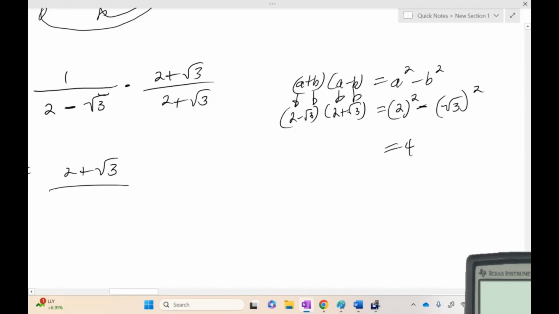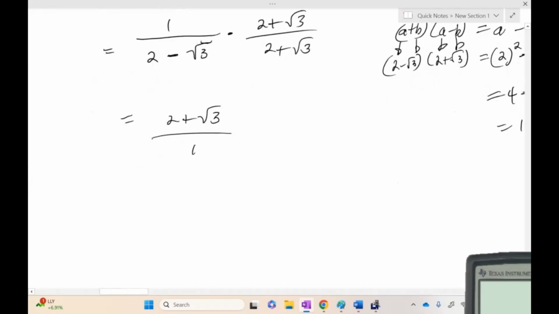So 2 squared is 4. I'm going to bring down my minus. The square root and the square cancel. We get 3. So therefore, we get 1 in the denominator. So that final answer is 2 plus the square root of 3.